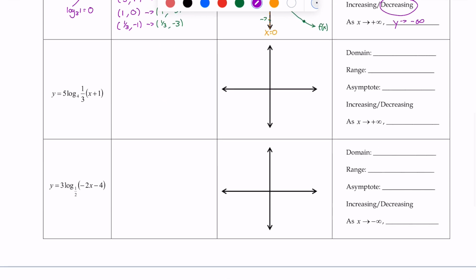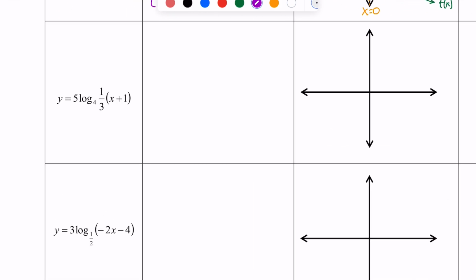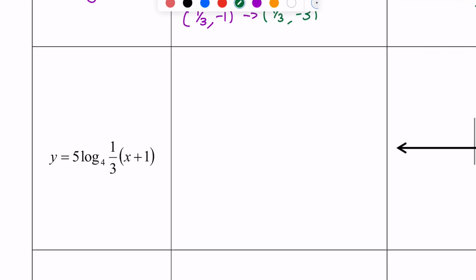Second example, let's state our transformations. So y is equal to 5 log base 4 of (1/3 x plus 1). If I talk about things left to right, I'm going to first talk about that 5 that I see here. That 5 is going to cause a vertical stretch by a factor of 5.